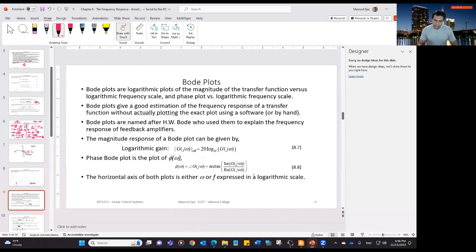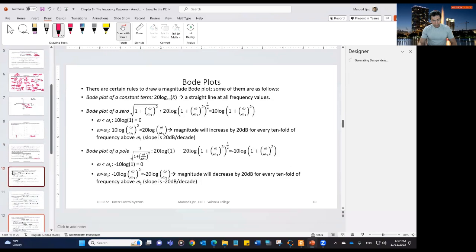The difference is your x-axis is in logarithmic scale. As I just introduced the logarithmic scale, the horizontal axis for both the phase plot and the magnitude plot in decibels is expressed in the logarithmic scale. So each tenfold of frequency will have the same spacing.